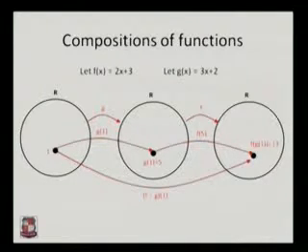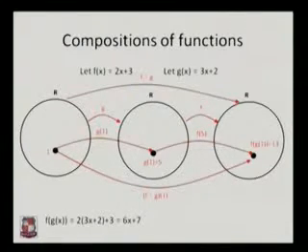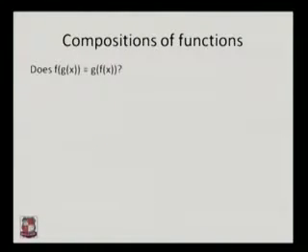So f over g on 1 is equal to 13 from R to R. So this is all about the composition of functions. f over g of x: first g of x is equal to 3x plus 2, and then we apply f, so 2 into (3x plus 2) plus 3 is equal to 6x plus 7.